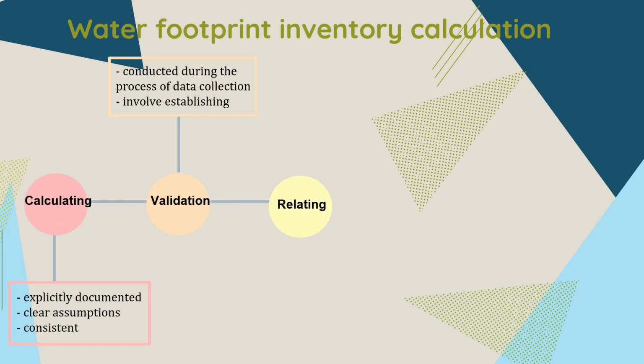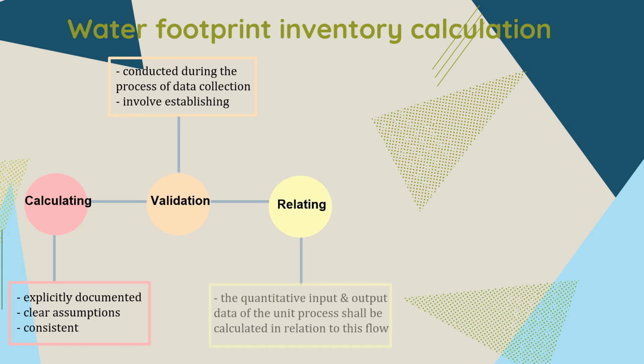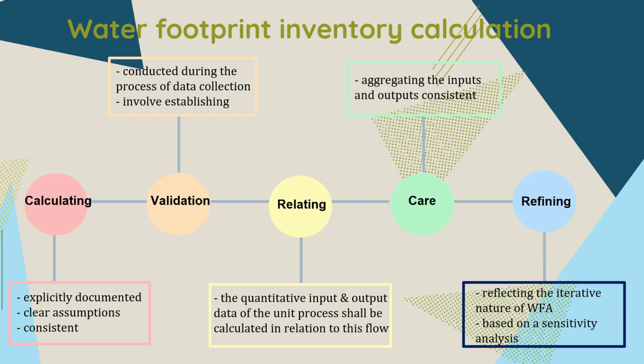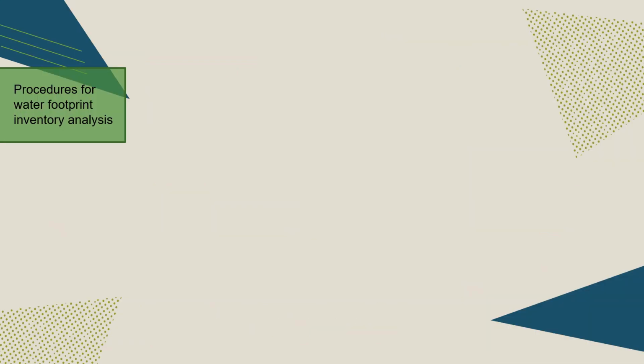Thirdly is relating, which is that the quantitative input and output data of the unit process should be calculated in relation to this flow. Next is aggregating the inputs and outputs consistently. And lastly is refining, which is reflecting the iterative nature of water footprint assessment based on a sensitivity analysis.